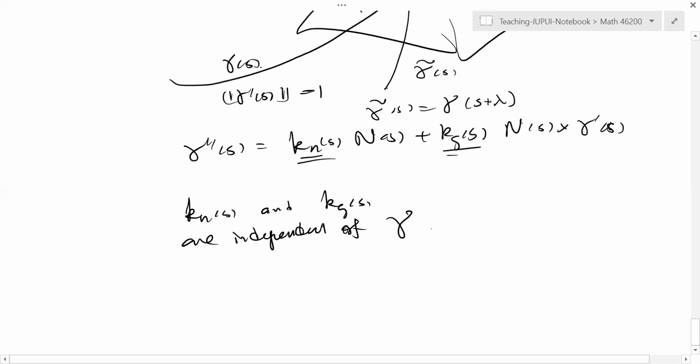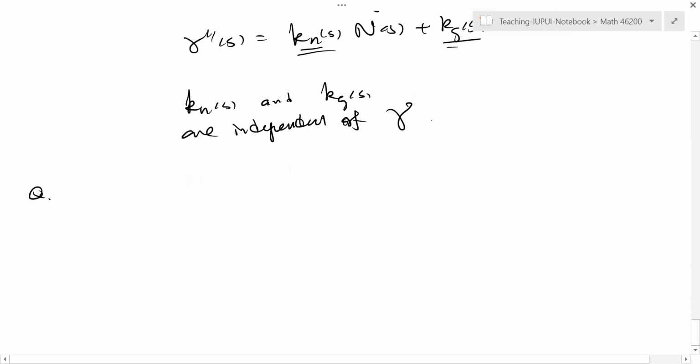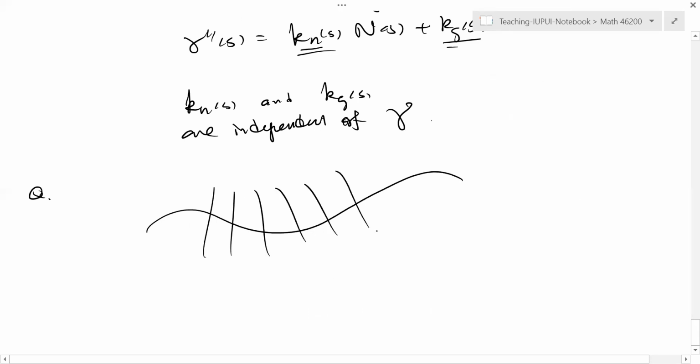So it's easy to see that a straight line is a geodesic on the surface. Take a curve, like a fence.